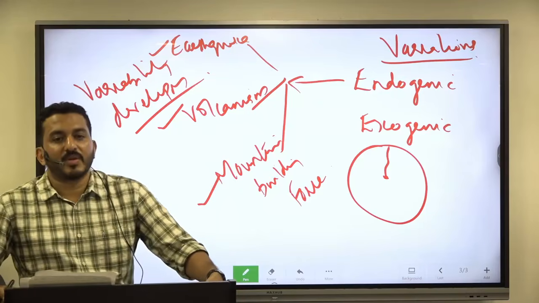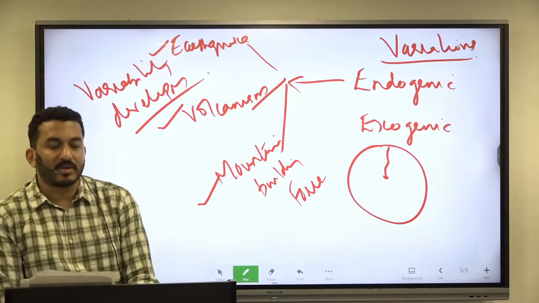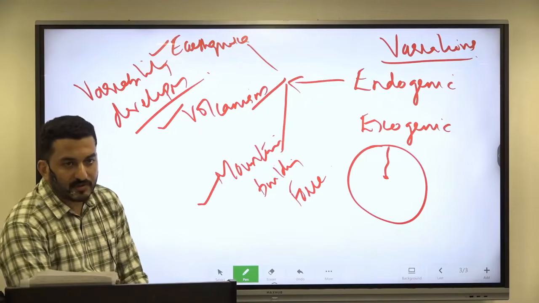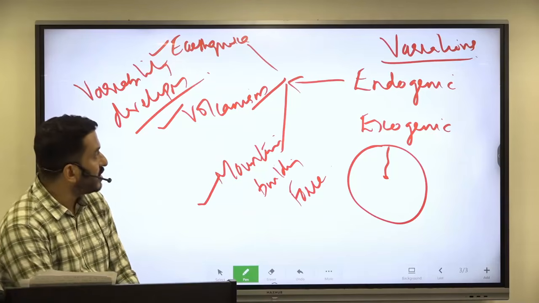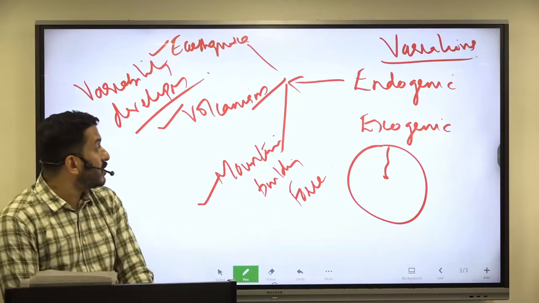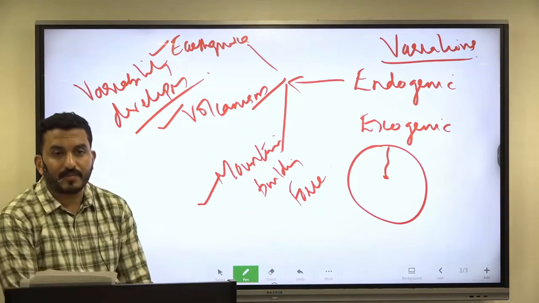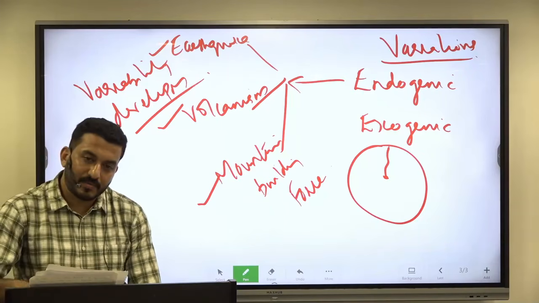Understanding it? So endogenic forces are called variability developers. They make some changes on the Earth's surface, variations on the surface. So endogenic forces are of three: earthquake, volcanism, mountain building. Mountain building.